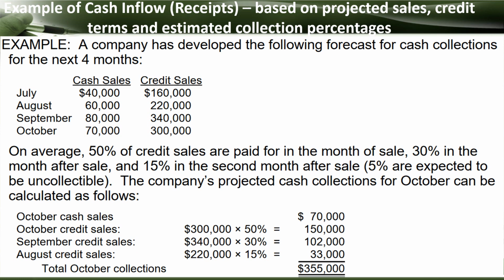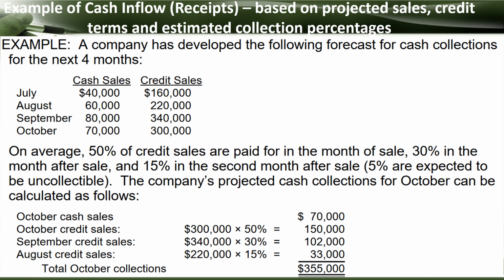So based on this given information, how do we calculate the projected cash collections for the month of October in this example? October cash sales is 70,000. Out of the credit sales of 300,000, 50% in that particular month is 150,000. Then September credit is 30%, so this is 102,000.